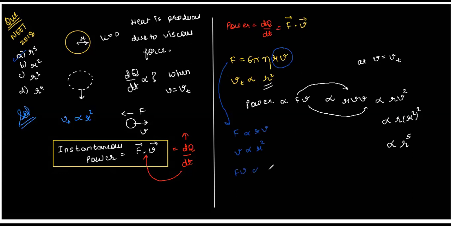So F into V depends upon rv into r square, which is r cube into v. We know that v depends upon r square, and therefore this expression becomes R power 5. Easy now?